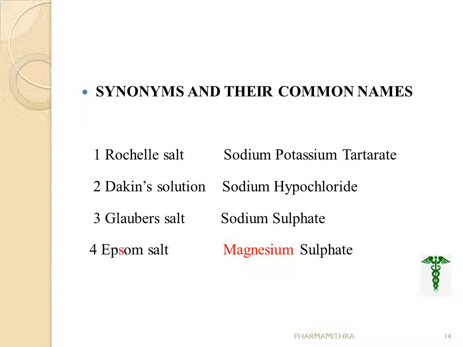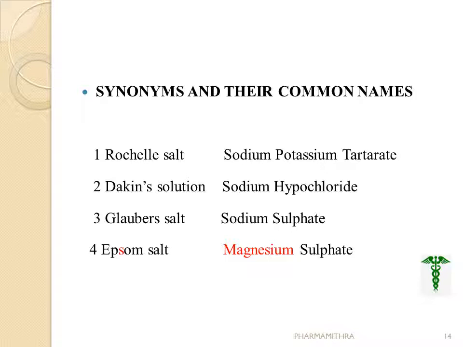Rochelle salt is sodium potassium tartrate, Dakin solution is sodium hypochlorite, Glauber's salt is sodium sulfate, whereas magnesium sulfate is Epsom salt. So do not get confused: Glauber's salt is sodium sulfate, and Epsom salt is magnesium sulfate. Note the similarity in the words, and find the option for Epsom salt, magnesium sulfate.